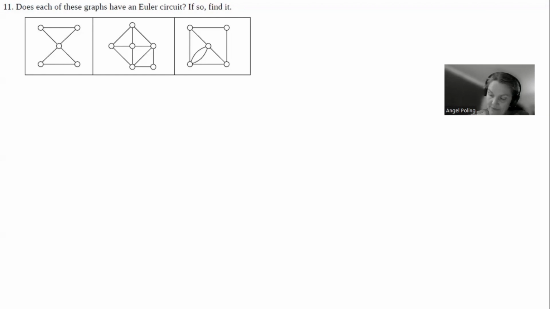So in the first graph, each vertex is even, so we will have an Euler circuit. In the second graph, we have an odd vertex, so there will not be an Euler circuit. And in the third graph, we have an odd vertex, so there will not be an Euler circuit. So we just have to find the Euler circuit in the first image, and you can do that any which way you like.